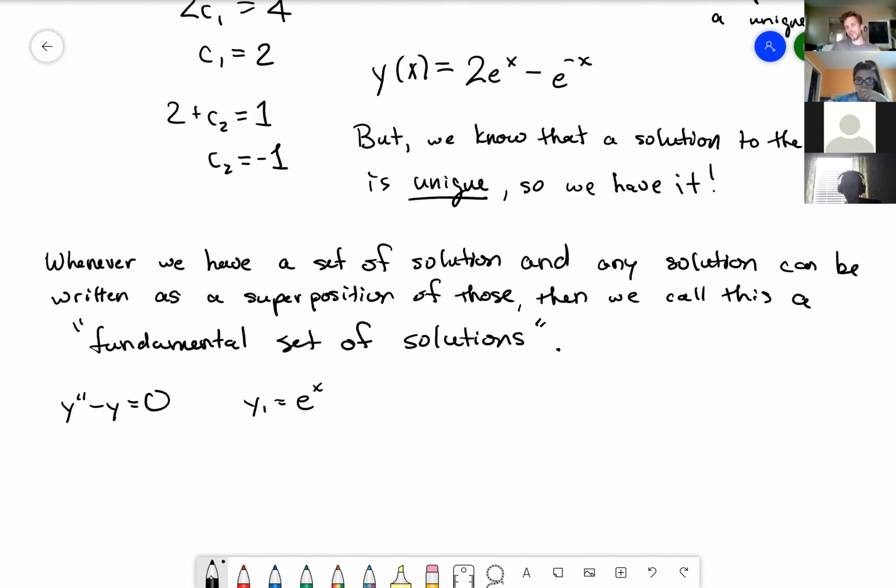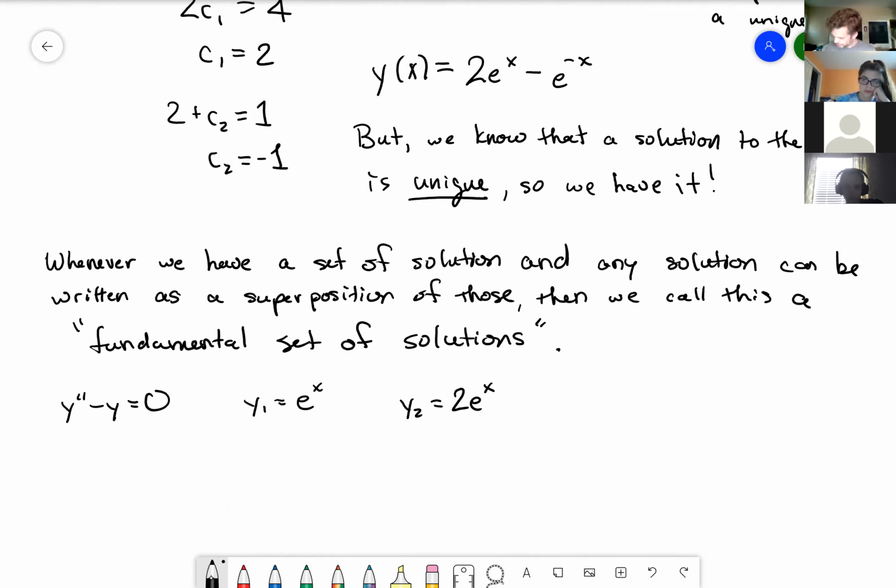This was one possible solution. And I could get another solution just like this. If we plug this back in, we'll see that we get the second derivative of y2 is equal to y2, and so this satisfies the equation as well.